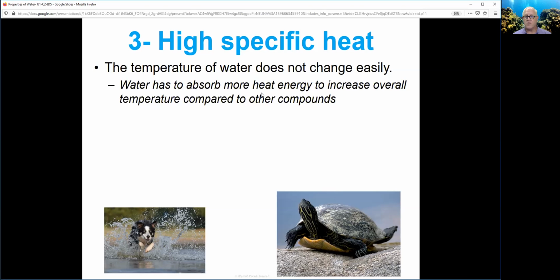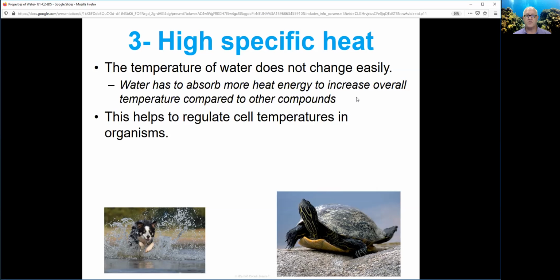Water has to absorb more heat energy to increase the overall temperature compared to other compounds. Now, what's nice about this is what helps regulate the cell temperatures in organisms. It's how many organisms can live in so many different environments, hot and cold, because water helps regulate the cell temperatures.